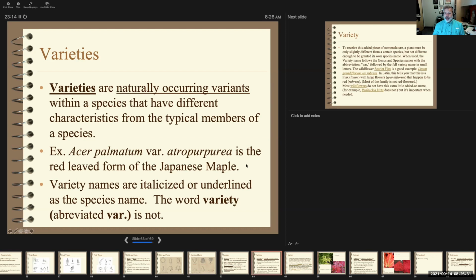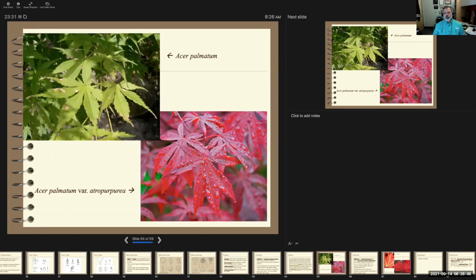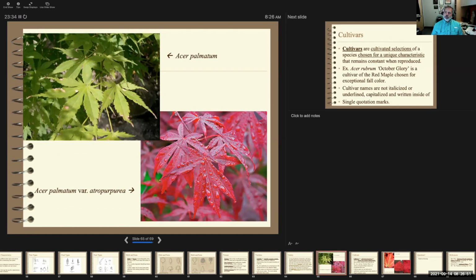Variety names are italicized or underlined, just like the scientific name of that plant. And you can pause here. This would be good to read all of this to give you a little bit more in-depth information on what a variety is. But let's go on, and let me give you just the example here.